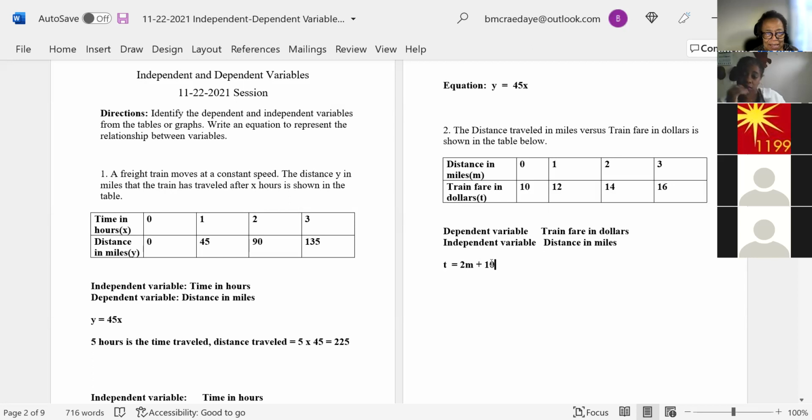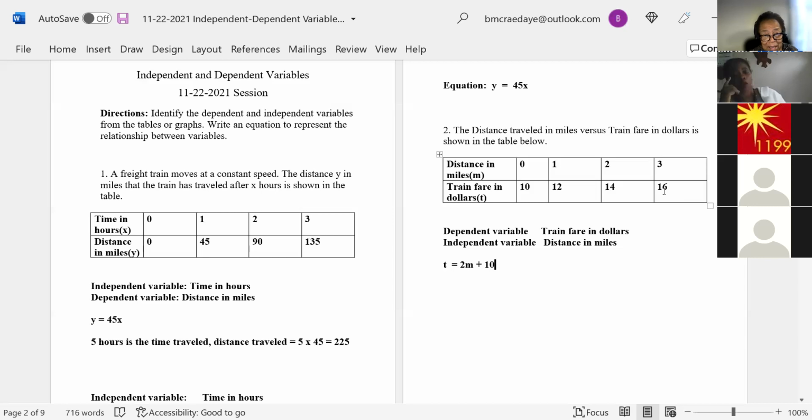So that 10 is like a constant, right? All right. And then if you go 1 mile, 2 times 1 is 2 plus 10 will give you 12. 2 miles, 2 times 2 is 4 plus 10, you get 14. 3 miles, 2 times 3 is 6, plus 10 is 16.